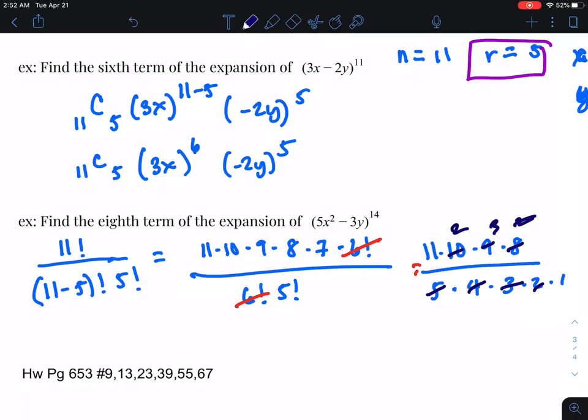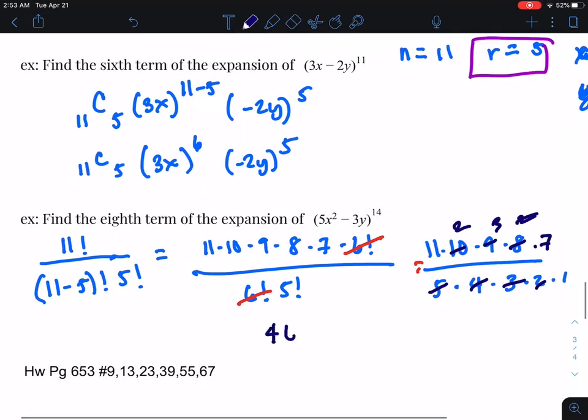What did I do wrong here? Ooh, forgot the 7. All right. Forgot the 7. So we got 462. So this is 462. That's that part.